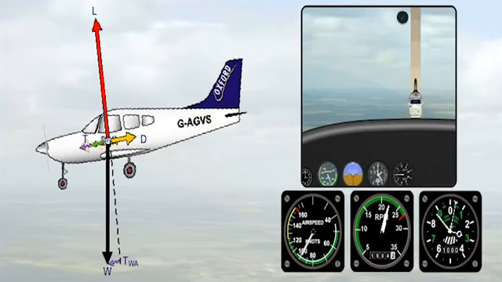Similarly, if the pilot wishes to control his angle or rate of descent while maintaining constant airspeed, he does so by increasing or reducing power, and thereby propeller thrust. As we've learned, adjustments in power and changes in pitch attitude to maintain speed will also modify the rate and angle of descent.